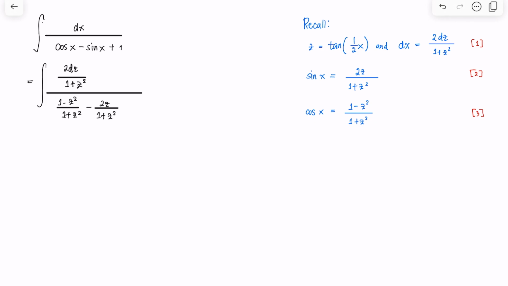As you can see, sine and cosine have the same term, 1 plus z squared, in the denominator. And you have plus 1.